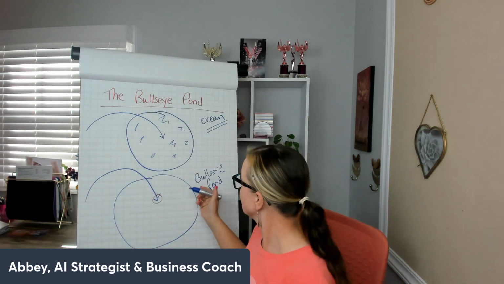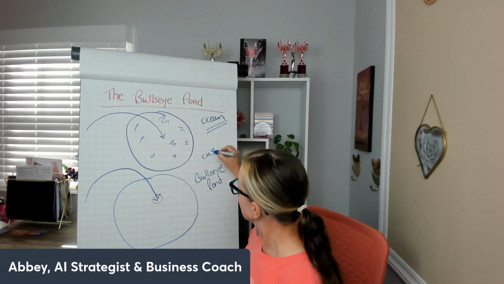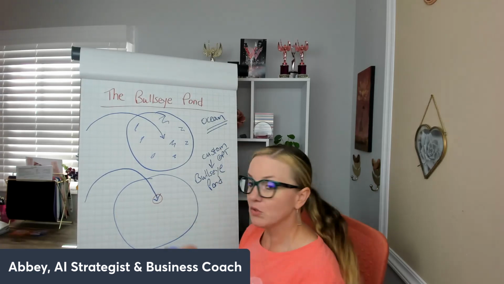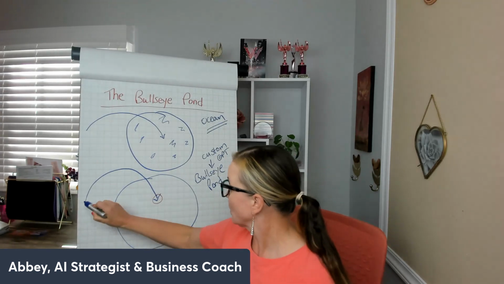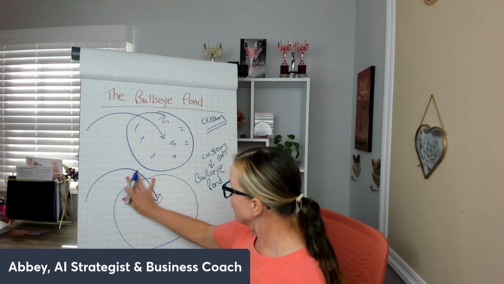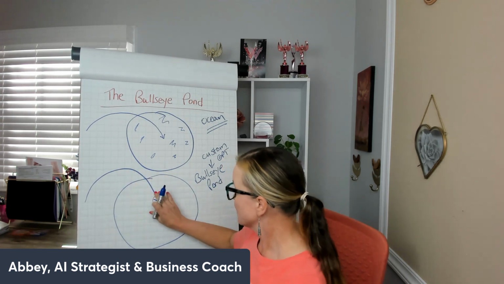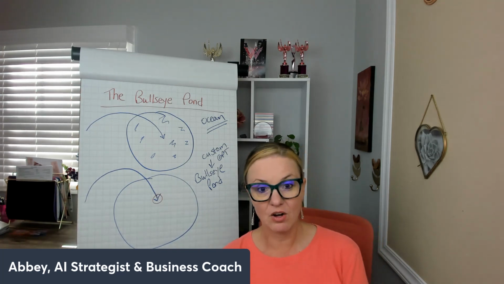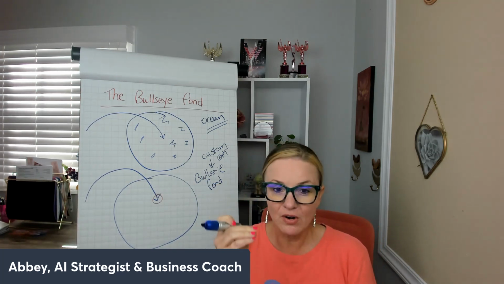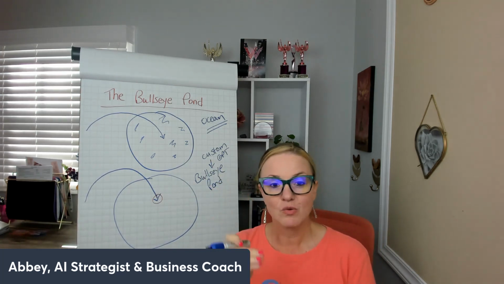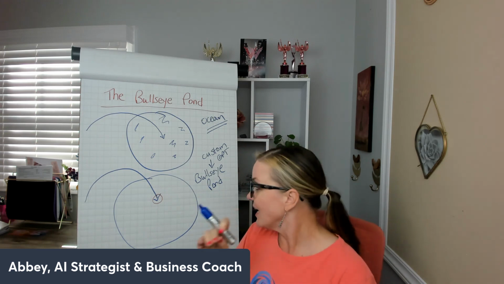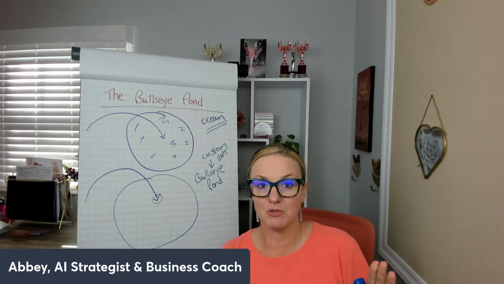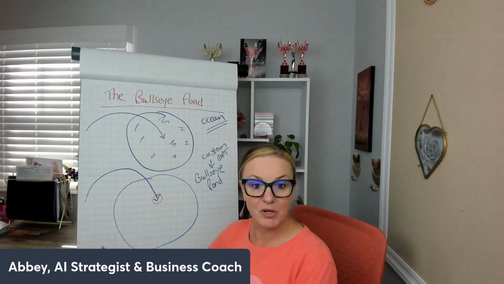Well, instead, we build a custom GPT and we do the bullseye pond instead. We do our search, but instead of the ocean, it's going to search on this very specific information that we've trained it on, which means you're going to get a very specific response. And you're going to get all of the amazing training that we've done for the custom GPT in your output.